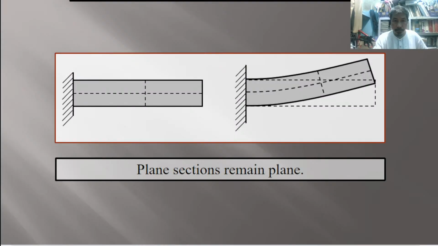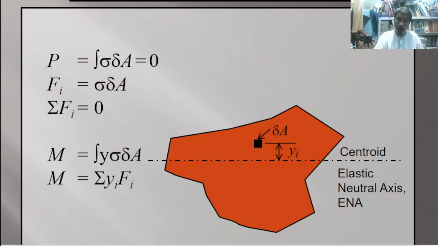Then yield in plastic moment will look like this. Okay. So plane sections remain plane. So as you can see on the cross-sectional area, there's no distortion or there's no change of cross-sectional. That is an assumption. That is not a reality.